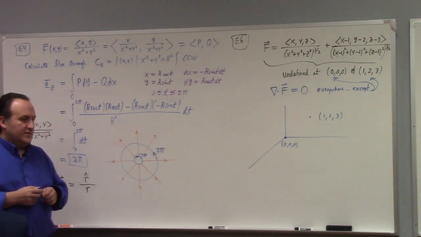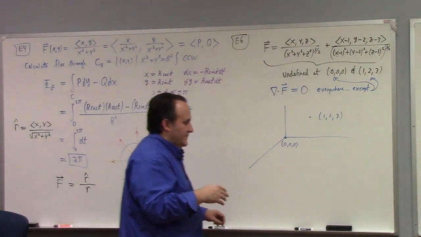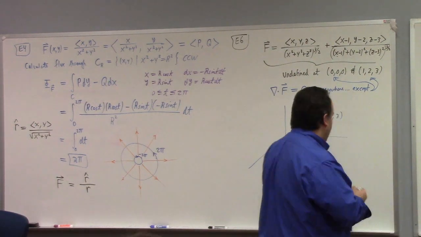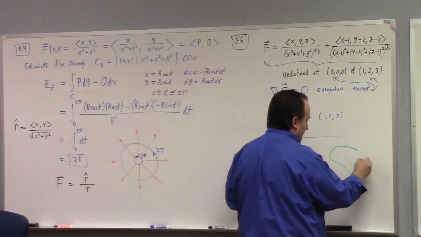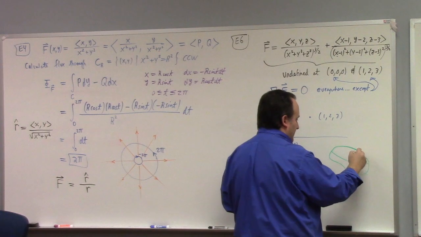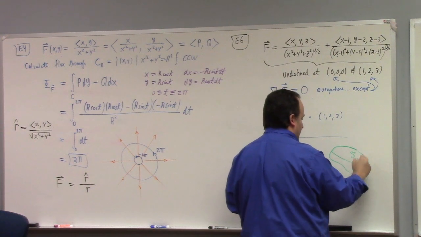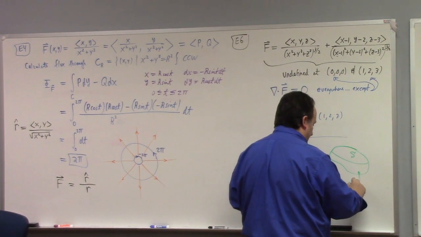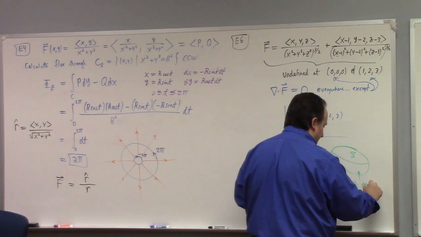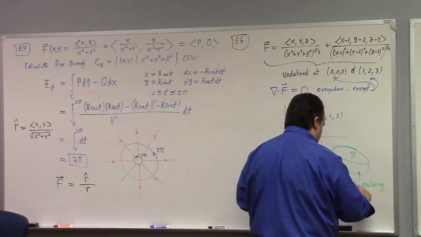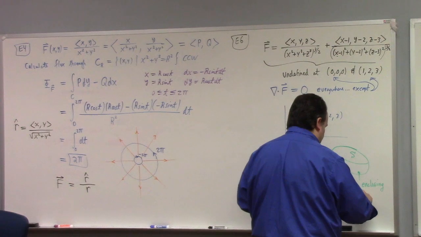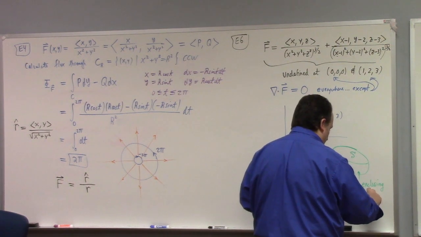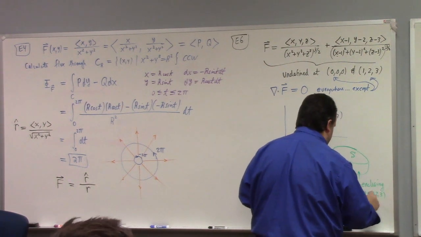A couple of different cases: if I've just got some closed surface out here not enclosing 0, 0, 0, or 1, 2, 3, then what would be the flux through that?